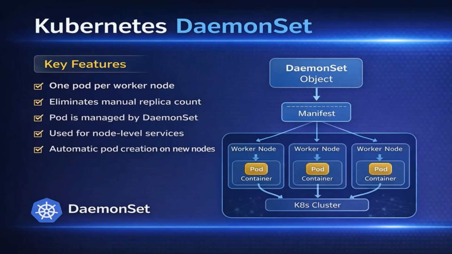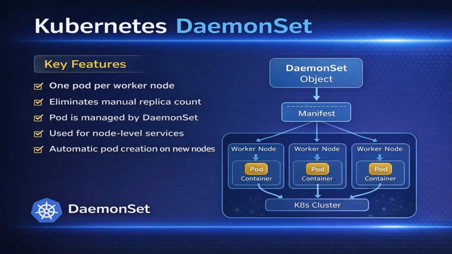So basically, DaemonSet works at the node level, not at the application scaling level. Now, with this high level clarity, let's move into the real-time requirements, because that is where a Kubernetes concept always begins. Let's understand the real-time requirements where the DaemonSet is required.